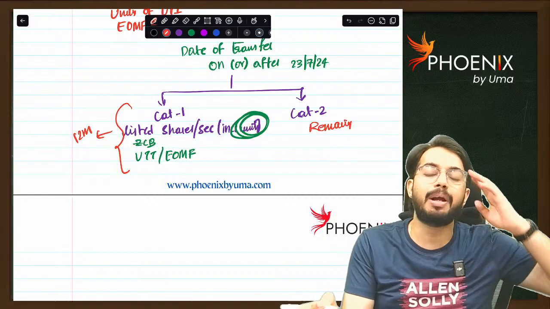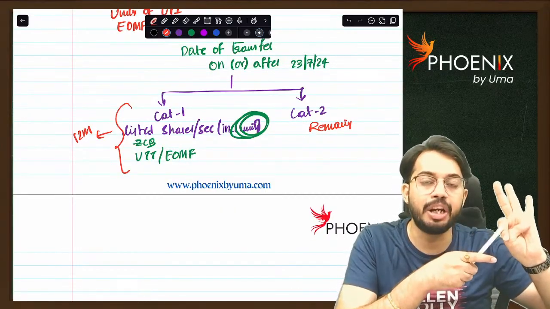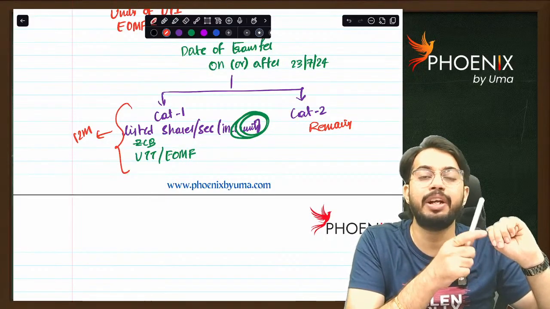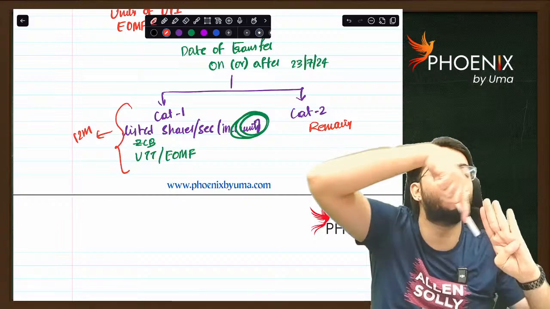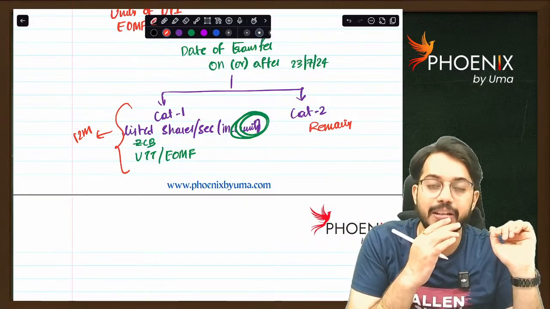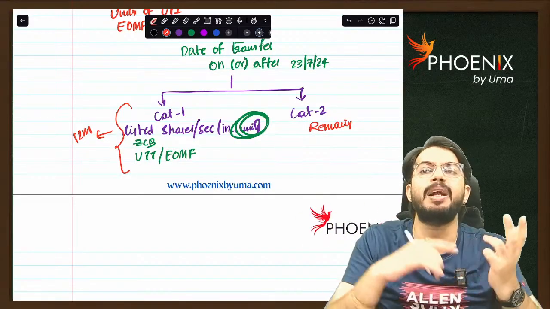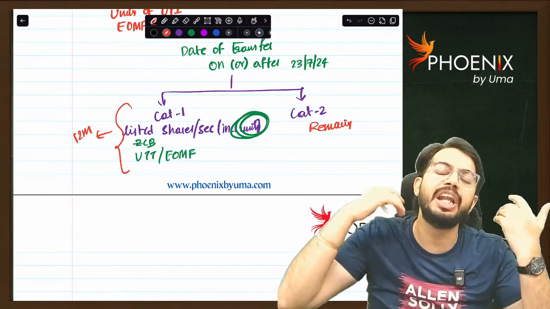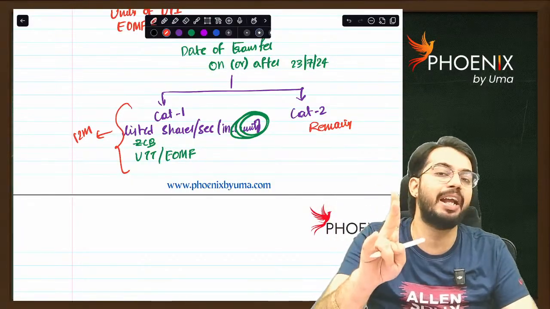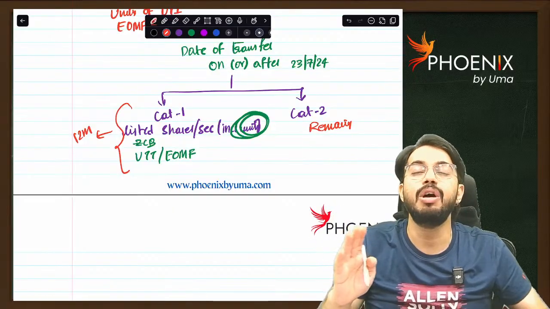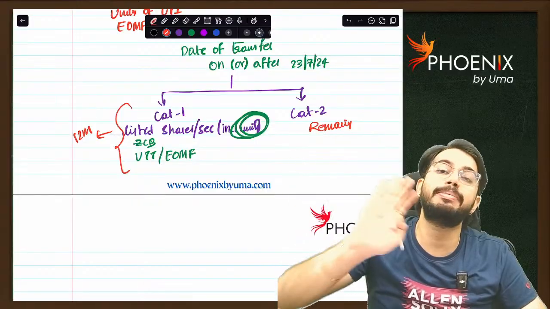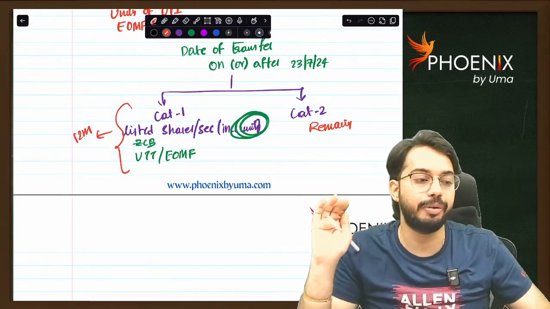Okay, so you need to remember only four: listed shares, listed securities including units, zero coupon bonds, units of UTI, units of equity oriented mutual fund. For all these capital assets, criteria is 12 months on or after 23rd July. For remaining capital assets, immovable property, gold, jewelry, painting, sculpture, any other capital asset, there is only one criteria: 24 months. There are only two categories: category 1, category 2. So after 23rd July, either 12 months or 24 months, the 36 months concept is no more applicable. Are you able to understand?